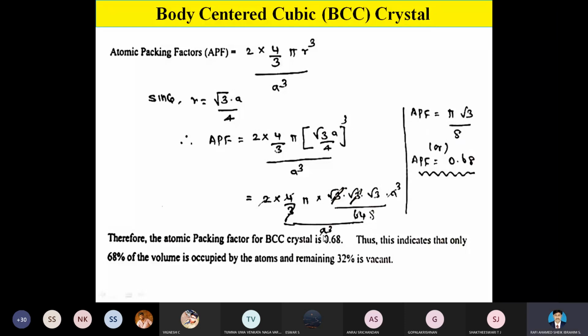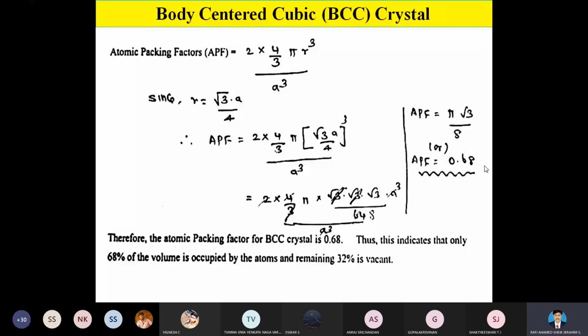After cancelling the relevant terms, finally we obtained APF is equal to pi root 3 by 8. On further solving this, pi root 3 by 8, we get APF is equal to 0.68. This 0.68 is nothing but 68%.